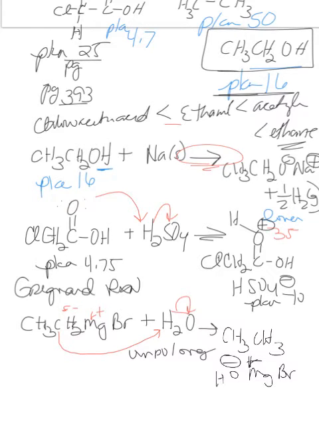Now if you look at the pKa values, water is 15.7, and you compare that with ethane, pKa of 50. So it definitely goes towards the higher pKa value. The equilibrium goes towards the higher pKa value, which is your weaker acid.